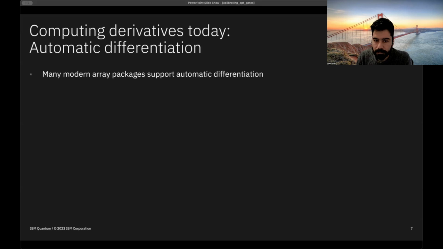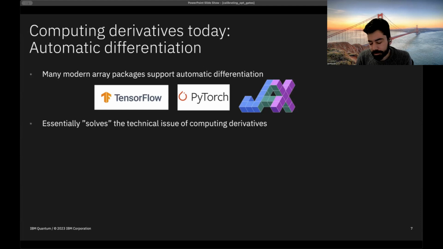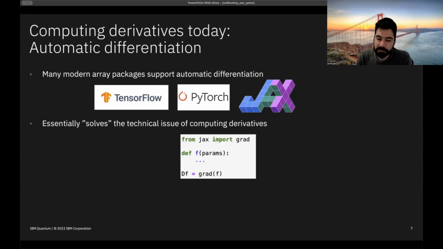Many modern packages support it. I'm listing Python ones here because that's what I'm most familiar with, but there's automatic differentiation in most languages, as far as I'm aware. TensorFlow, PyTorch, and JAX are the main ones I know in Python. Having automatic differentiation essentially solves the technical issue of computing derivatives.